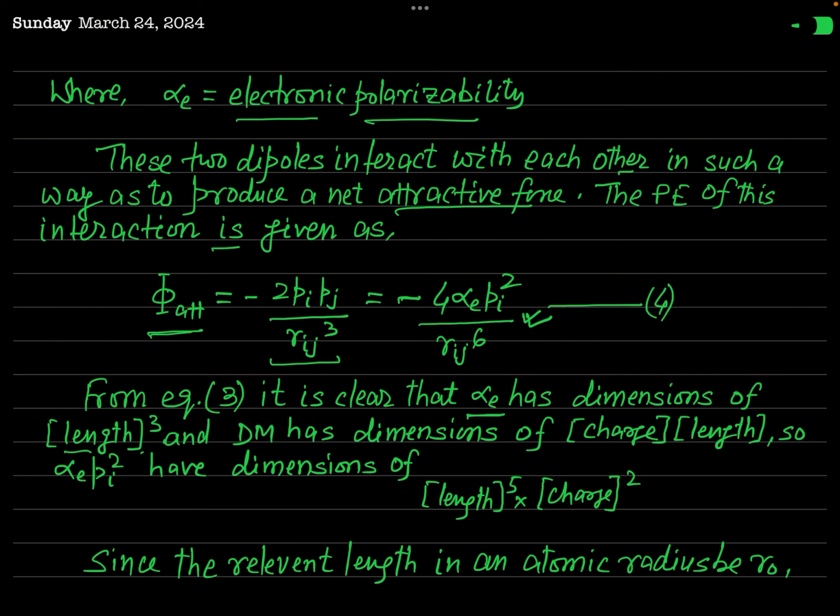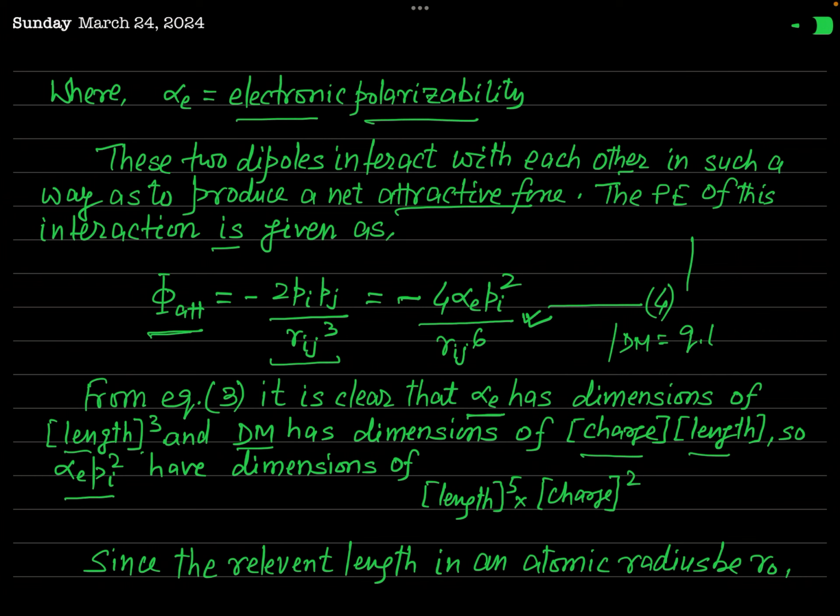And what is the dimension of dipole moment? You know, dipole moment is equal to charge into length, so dipole moment has dimensions of charge times length. So what will be the dimensions of alpha E times pi square?